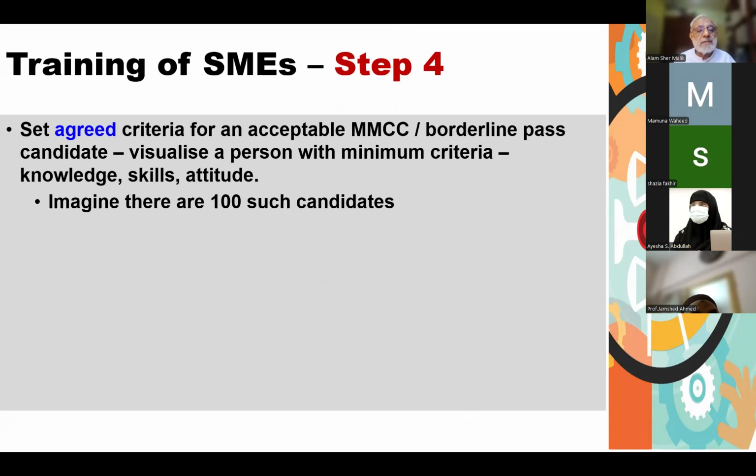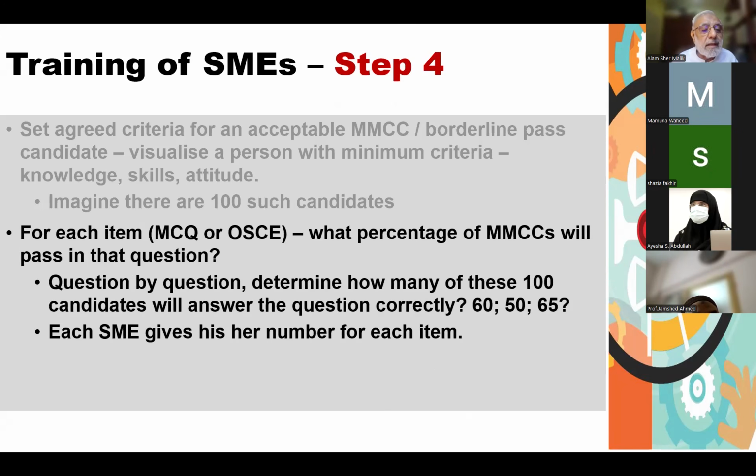Let's say, imagine there are 100 such candidates, and then for each item, whether it is a multiple choice question or OSCE, what percentage of minimally competent candidates will pass in that question.